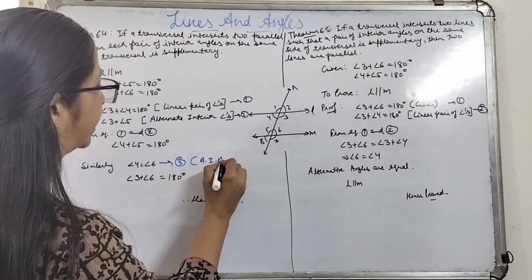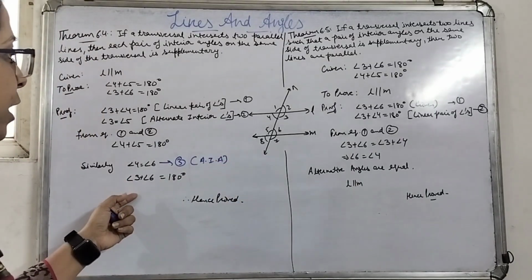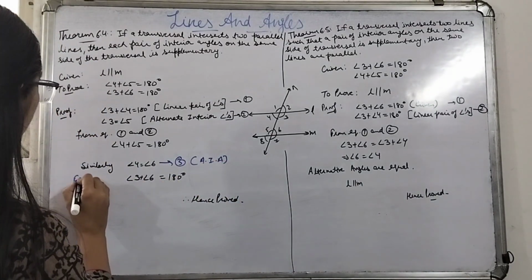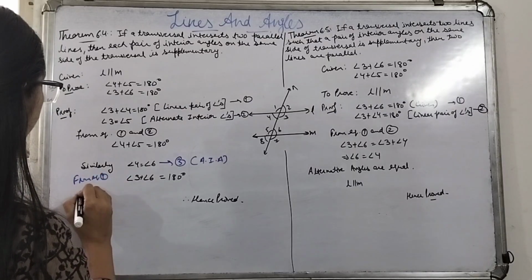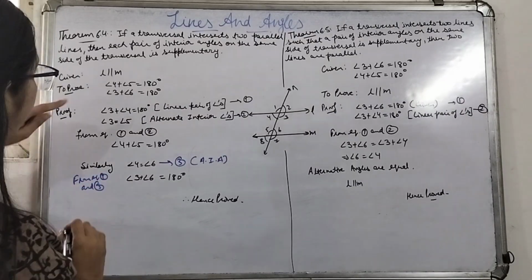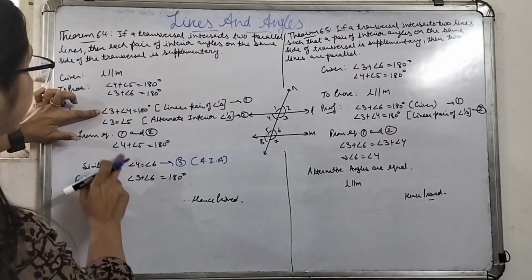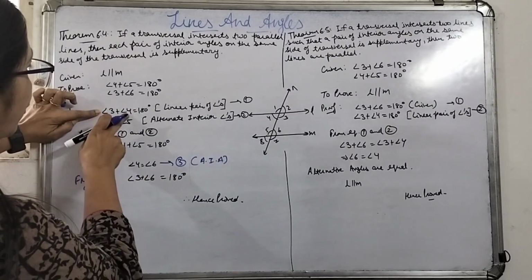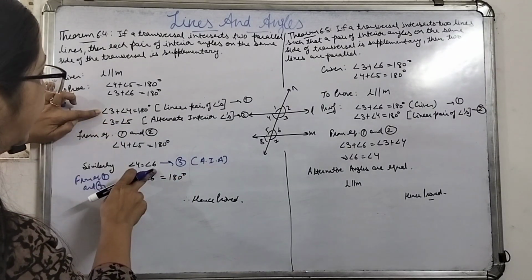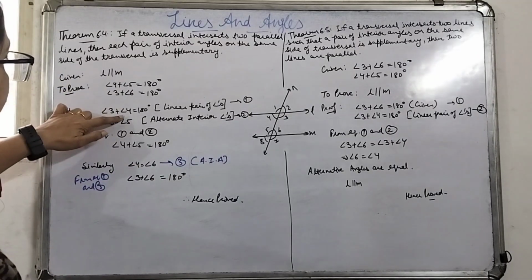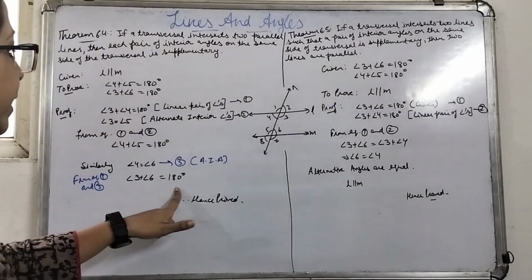Now, from equation number 1 and equation number 3, here in equation number 1, if we replace angle 4 with angle 6, it will become angle 3 plus angle 6 is equal to 180 degrees.